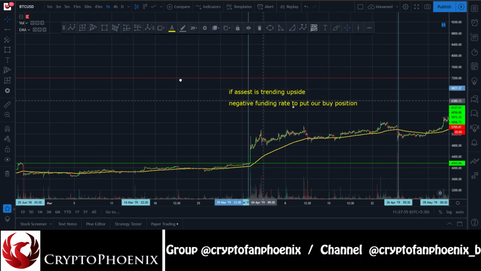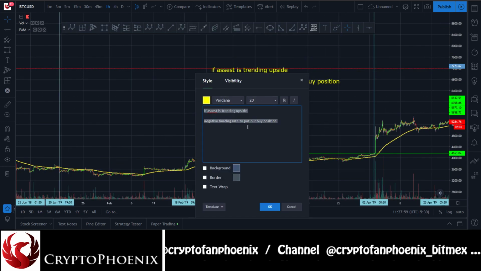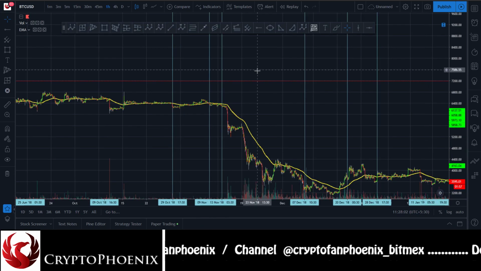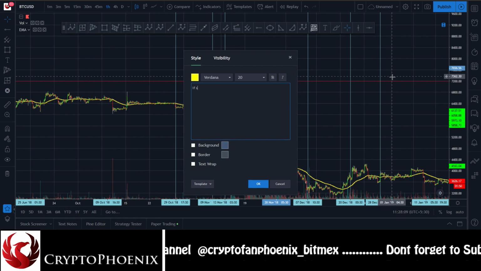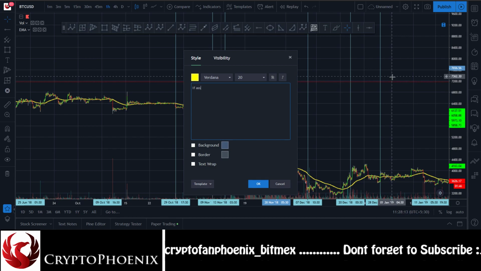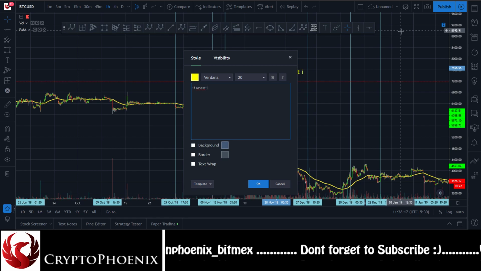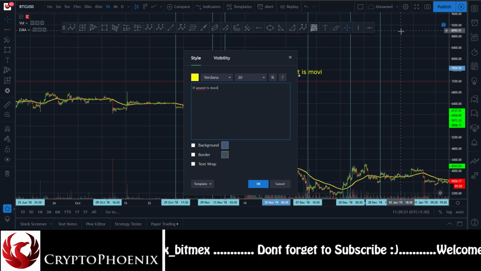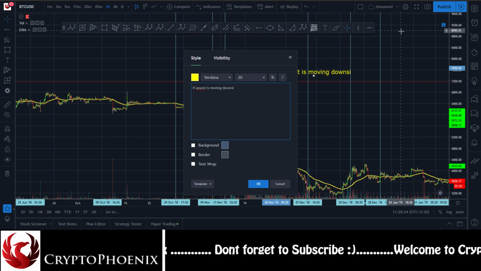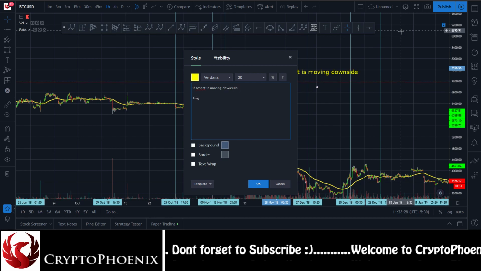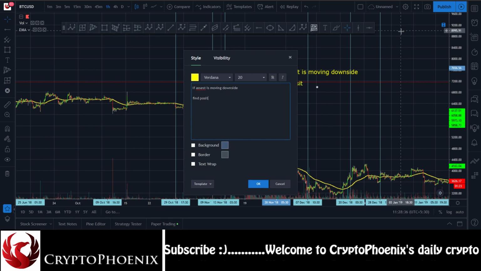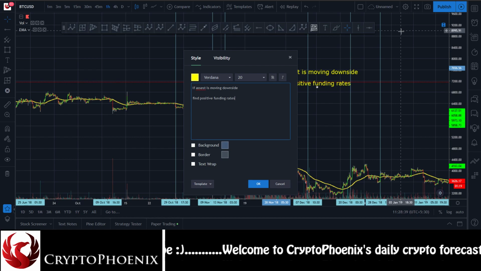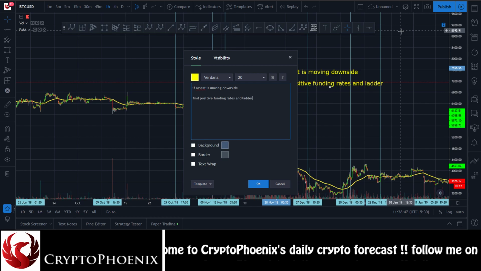So this was for upside, and if we go for downside, if the asset is moving downside, find the positive funding rate and ladder your shorts.